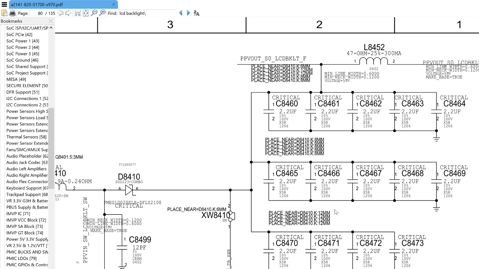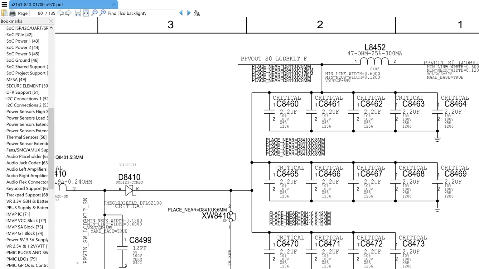We have a lot of them. How many do we have? 1, 2, 3, 4, 5, and 5, 10, and 4. We have 14 capacitors here. If any one of those capacitors is problematic or shorted to ground, it's going to cause voltage to take that path with the lowest resistance, and as a result you will have either a dead short or you will not have enough voltage to power up the output.